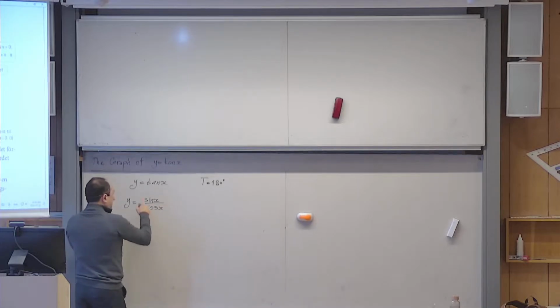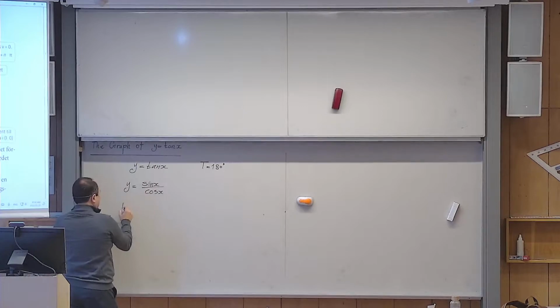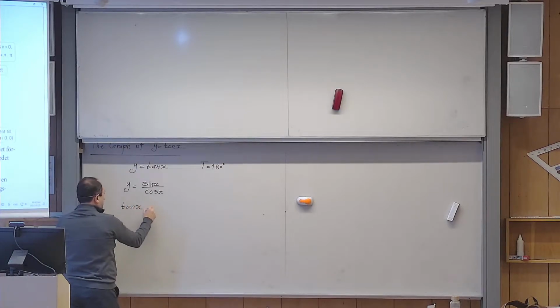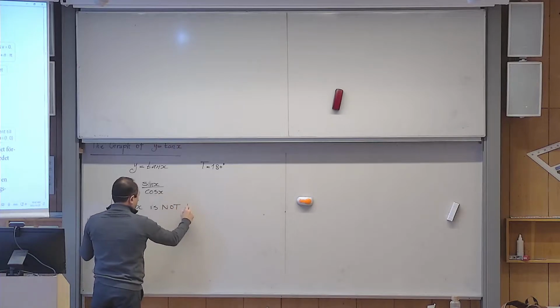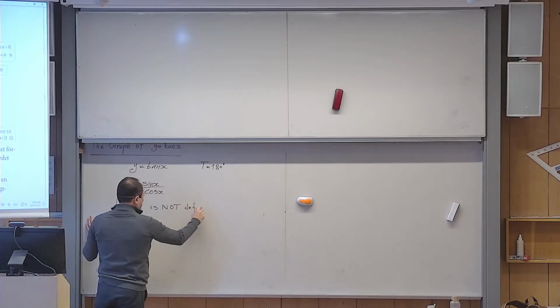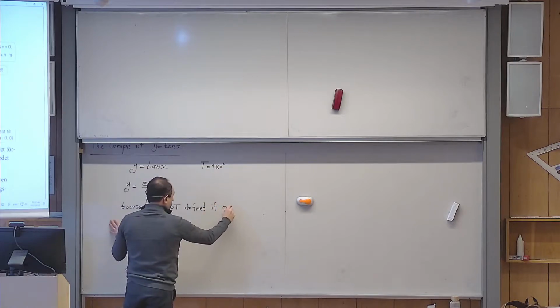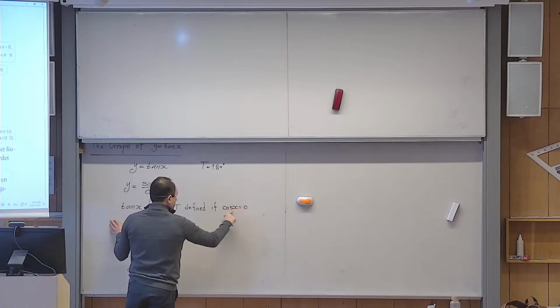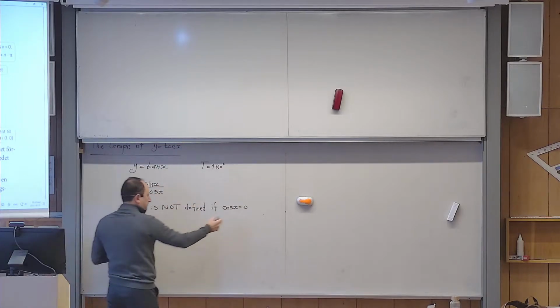So this function, tangent x, is not defined if the denominator becomes 0. Because if the denominator becomes 0, I am dividing by 0, which is forbidden.